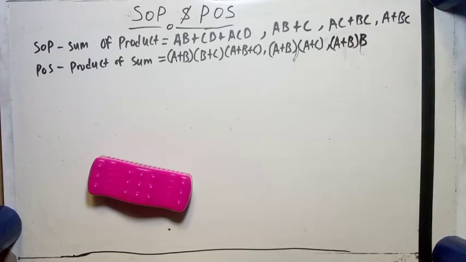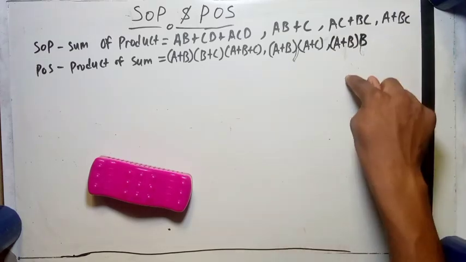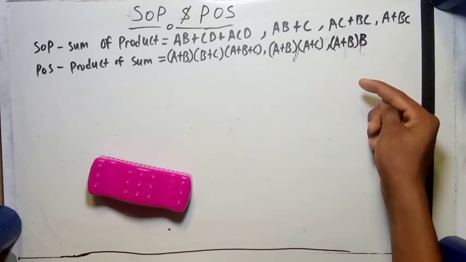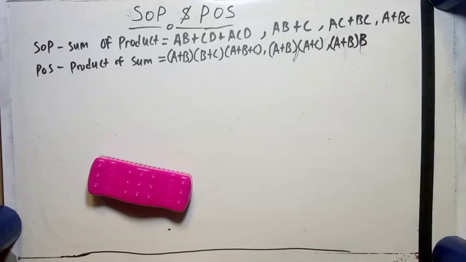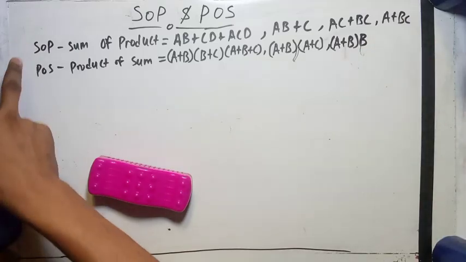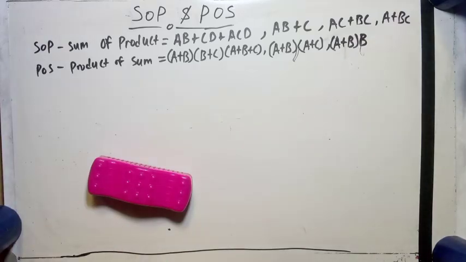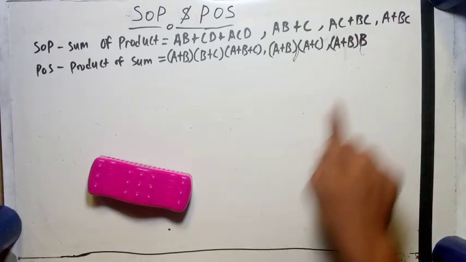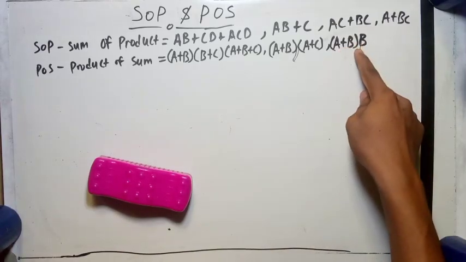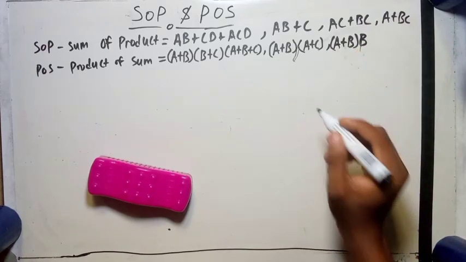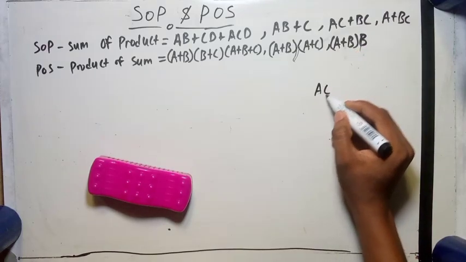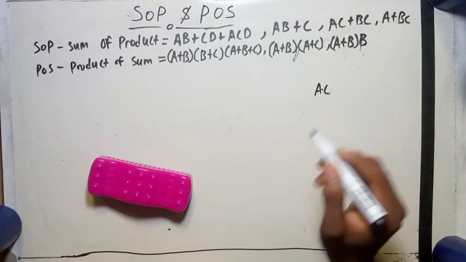So as long as there is a sum and a product, it can now come in either sum of product or product of sum. So you have to know the one that's being given to you. In this case, we are having a sum, we are having a product. So in the previous case where I just said AC, this is just a product. We're just having only what? Multiplication.